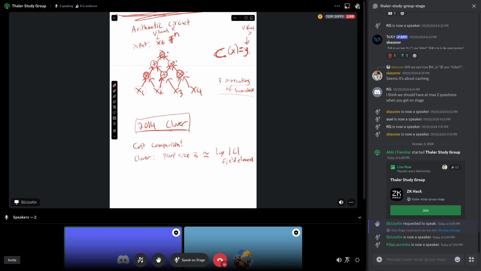Now with Clover, there's also going to be a polynomial commitment scheme involved, and so that will add a little bit to the proof size. Say one evaluation proof from a polynomial commitment scheme.